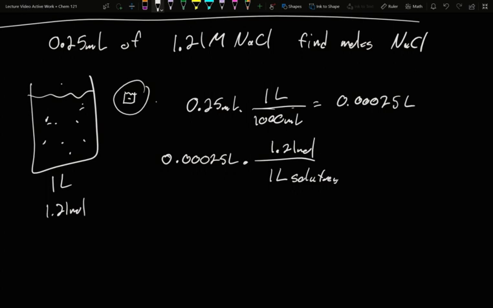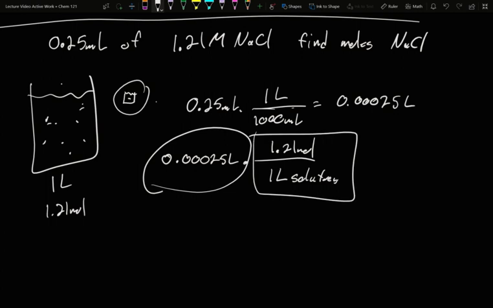So we can take our actual volume and multiply it by the ratio that the molarity tells us. 1.21 molar is 1.21 moles over 1 liter.